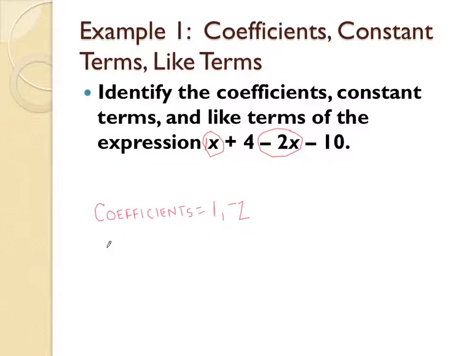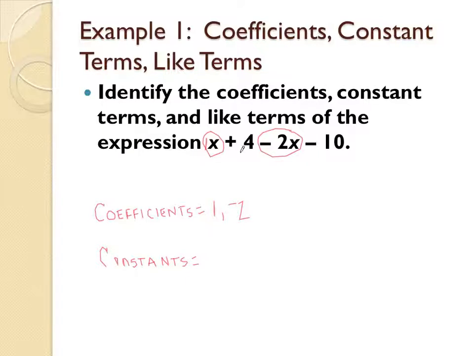Let's look for constants. Okay, so jot that down. All right, constant terms, again, are those parts of number sentences, parts of expressions that do not have a variable tied to it.